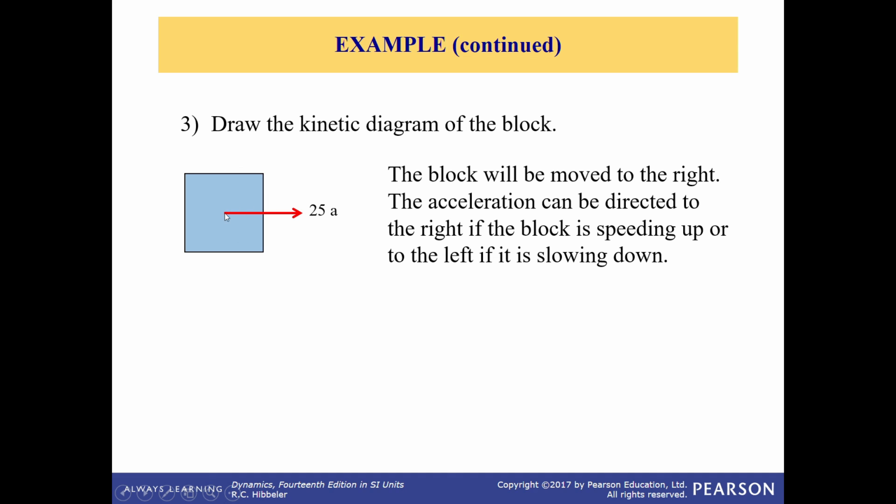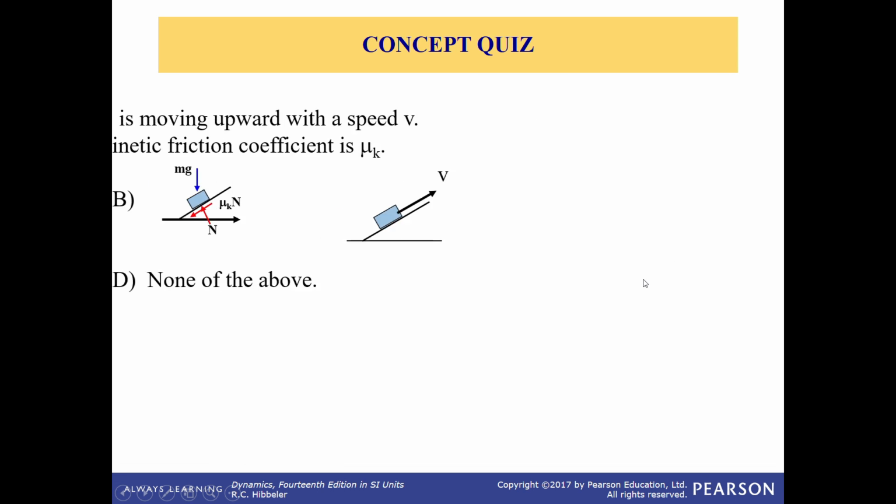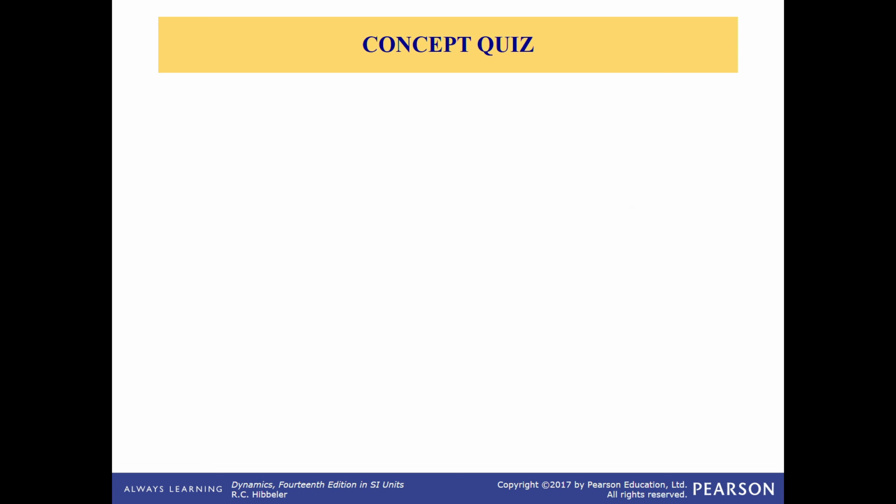You just put here G, the center of mass, so it is 25 times a. The block will move to the right. The acceleration is directed to the right if the block is speeding up, or to the left if it is slowing down. Okay, finish that part.